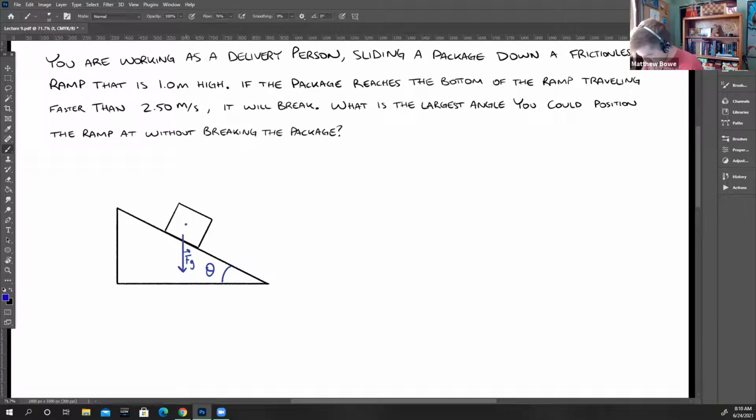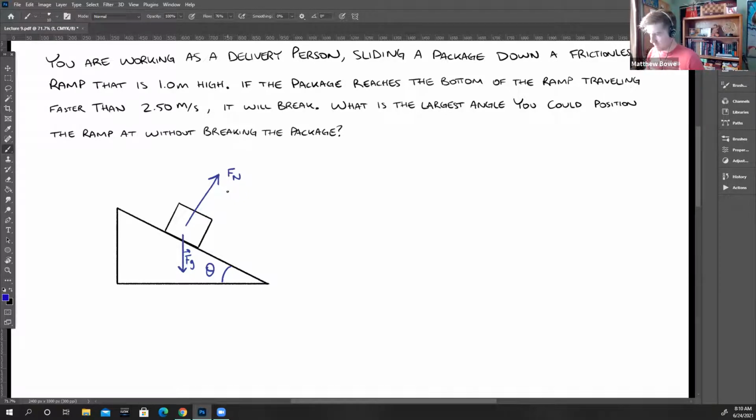So the normal force is going to be pointing somewhere like that. You see that's just about perpendicular to the surface. Like this. So that's going to be F sub n for the normal force.